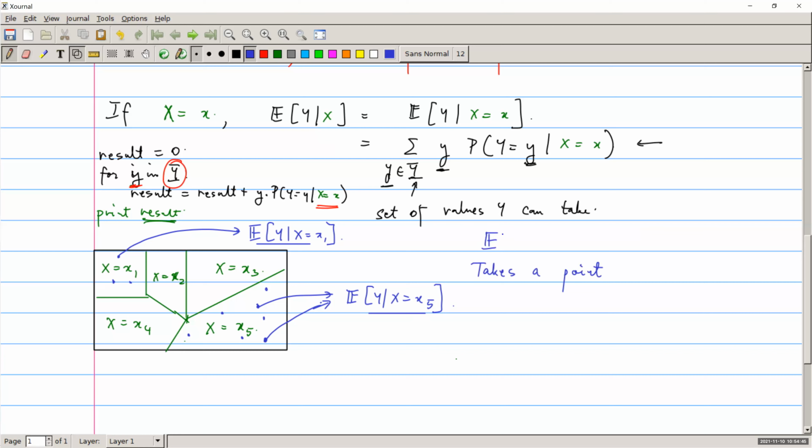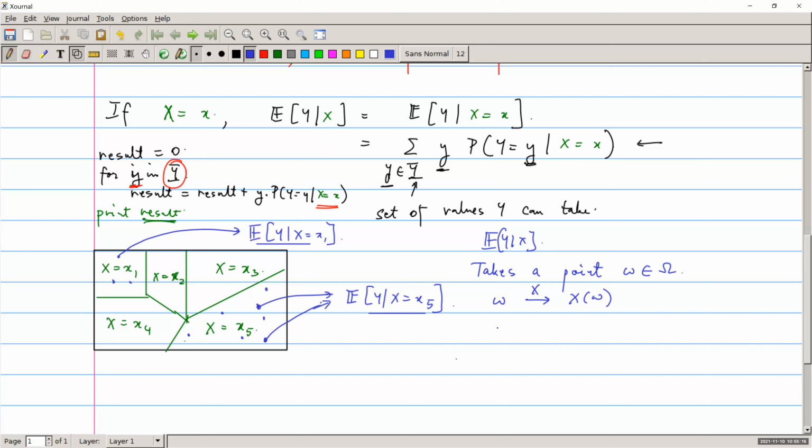So the random variable expectation of Y given X takes a point omega in the universe. X maps this point to X of omega, which is some number, because X is a random variable.